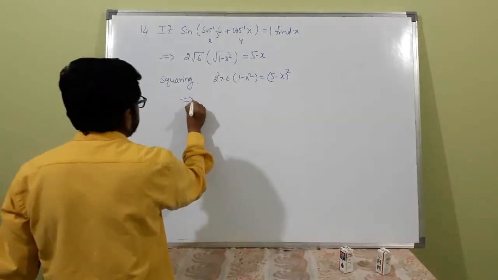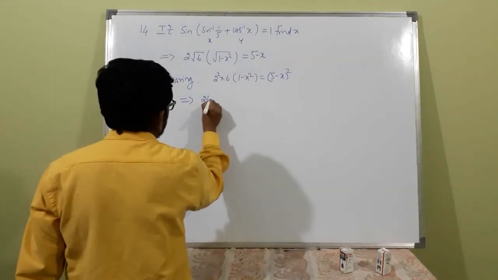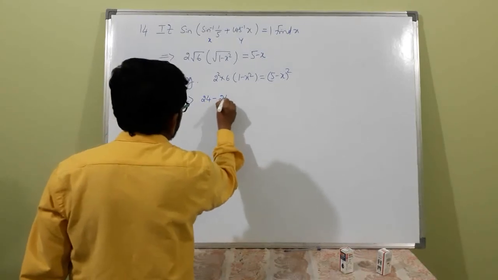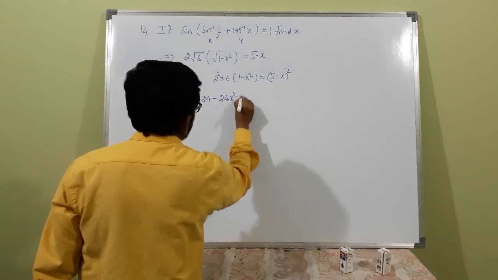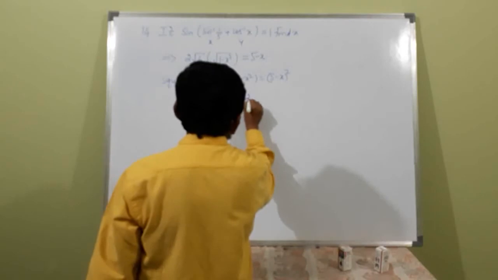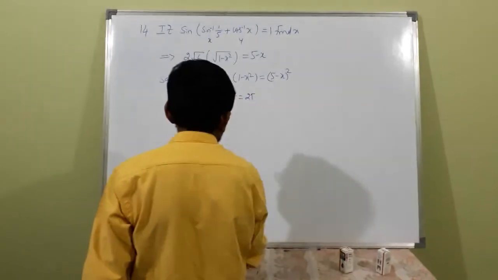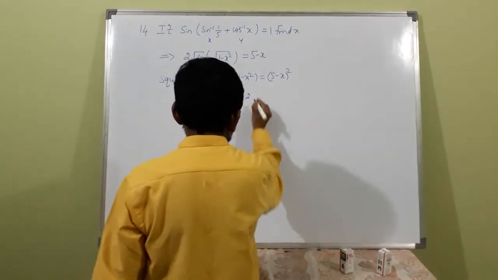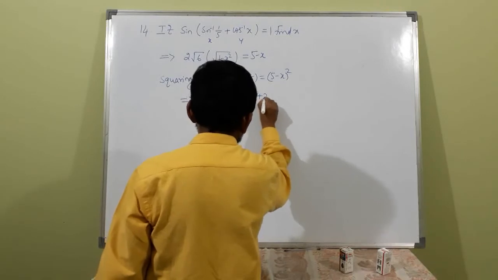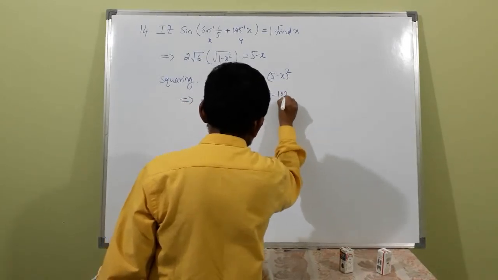That implies 24 minus 24x squared is equal to 25 plus x squared minus 10x.